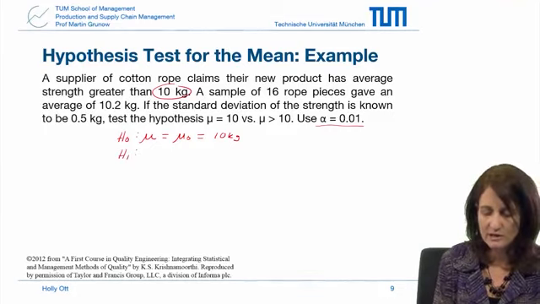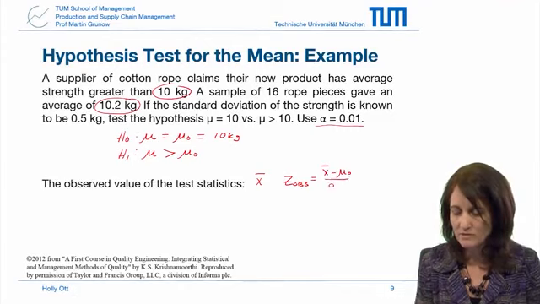Now we need a test statistic for this. We're looking at the mean, so we want to look then at x bar, and we have an x bar value of 10.2 kilograms. Our z observed we normalize as x bar minus mu 0 over sigma over the square root of n.